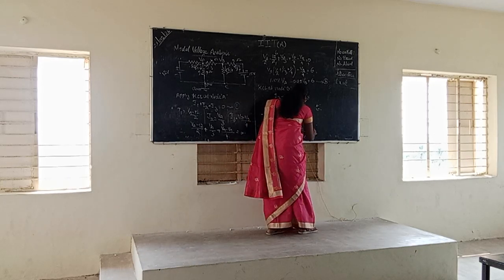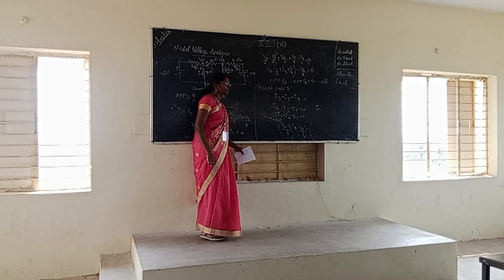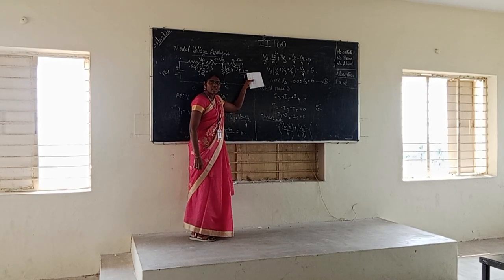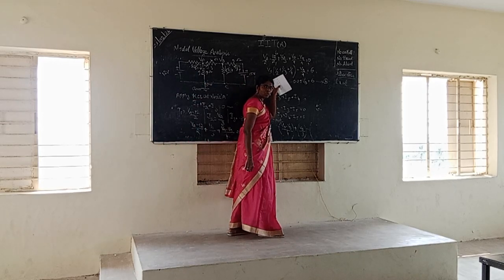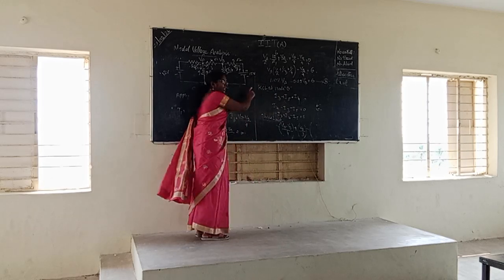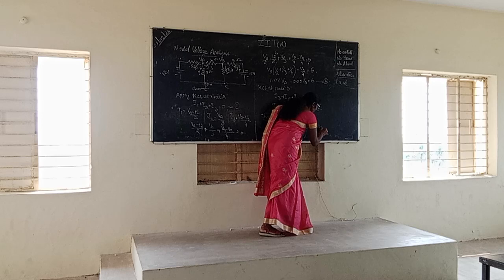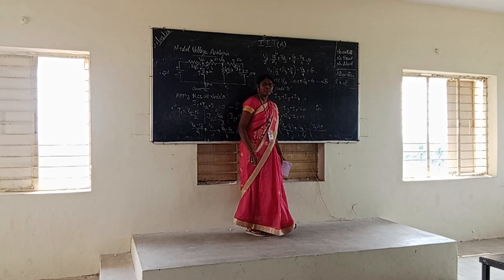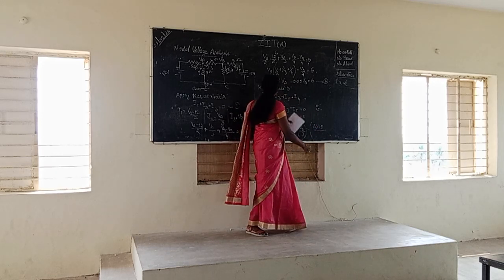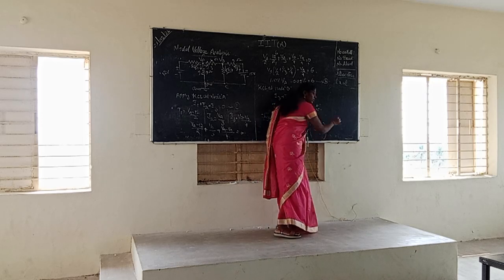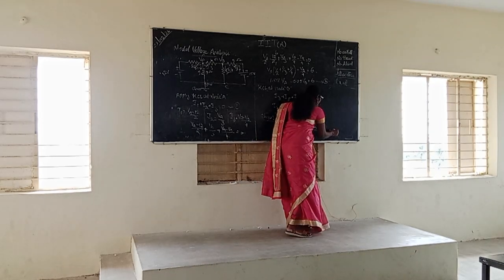What is the next step? That is minus of I5. What is I5? VB minus V2, right? What is it here? 15, right? That is VB minus 15 by 5. What is the resistance there? 5. Is equal to 0.